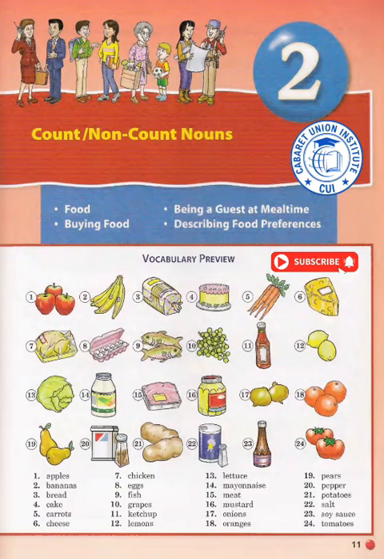Vocabulary Preview. 1. Apples. 2. Bananas. 3. Bread. 4. Cake. 5.